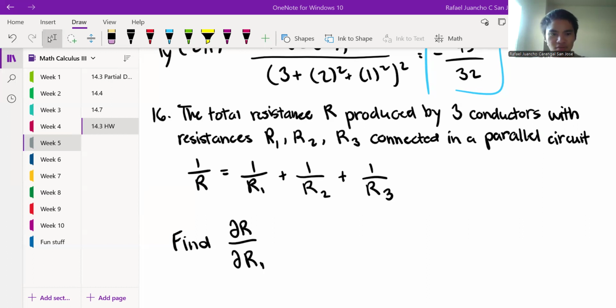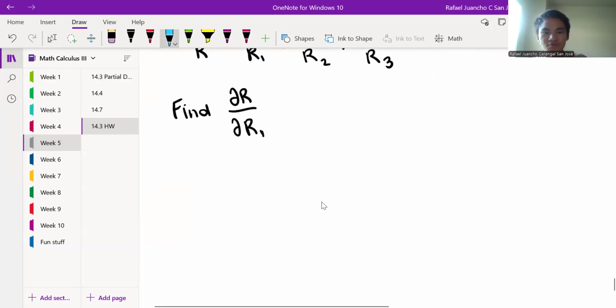Okay, so the first thing we want to do is express R explicitly, right?